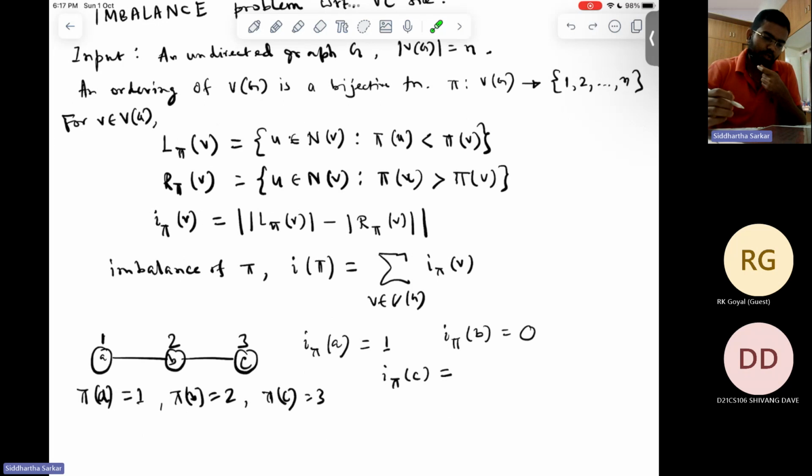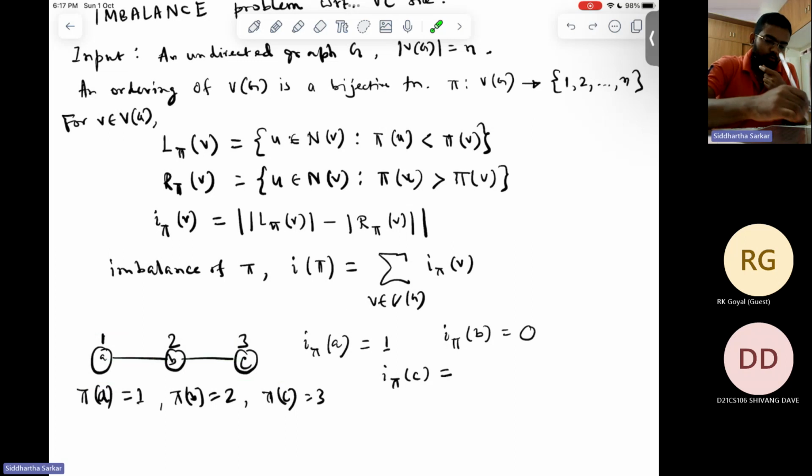So far we have seen that the imbalance at A is 1, but the imbalance at B is 0. What is the imbalance at C? As you see, the imbalance at A and the imbalance at C are supposed to be equal because they are identical vertices having only one neighbor.